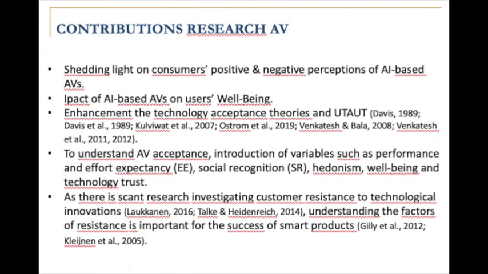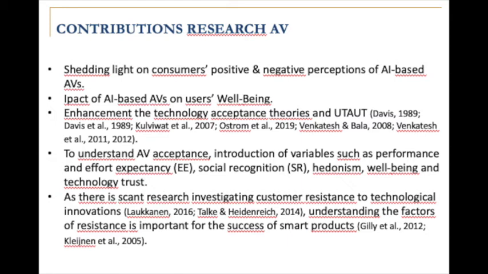And by closing the gaps of the literature, we are making the following contribution in research about autonomous cars. We want to shed light on consumers' positive and negative perceptions of AI-based autonomous vehicles. We want to study the impact of AI-based autonomous vehicles on the well-being of consumers.